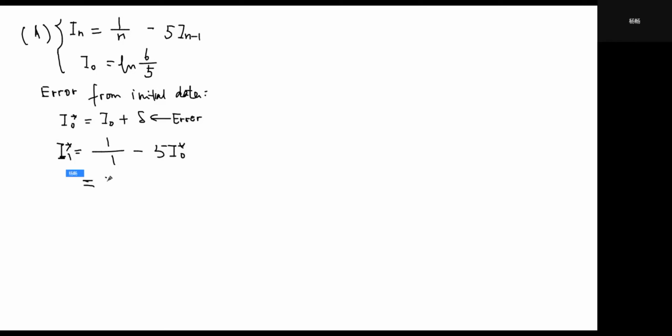So you will get 1 over 1 minus 5 times, and here I will substitute I_0 star by its definition, that is I_0 plus delta, and we rearrange it.